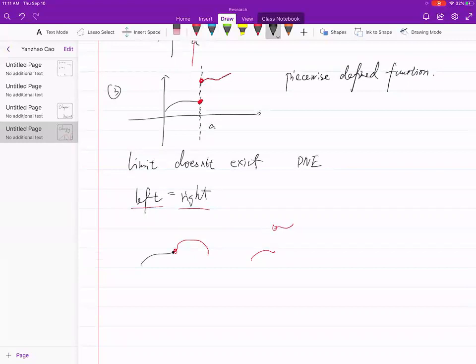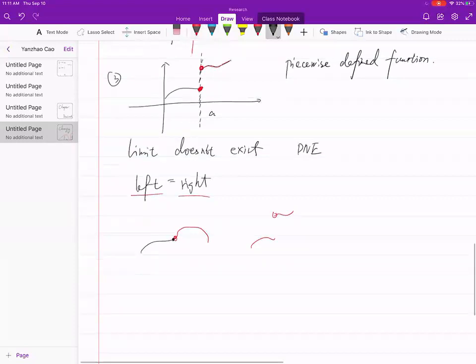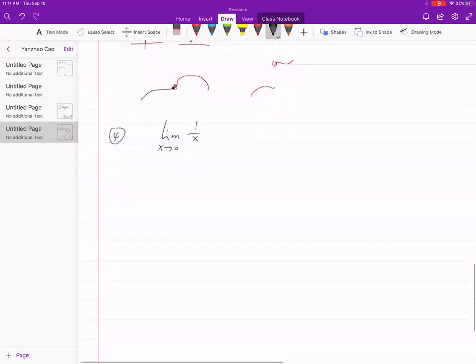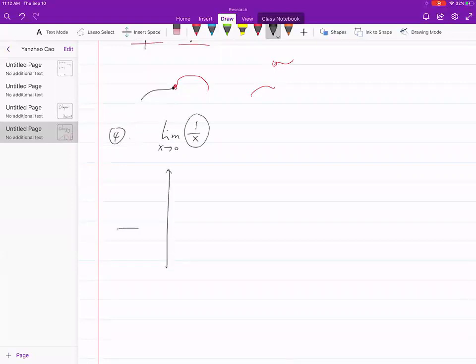Still okay here? Can you have other cases? For example, what is the limit as x goes to 0 of 1 over x? Let's just draw this one. Do you remember how to draw 1 over x?